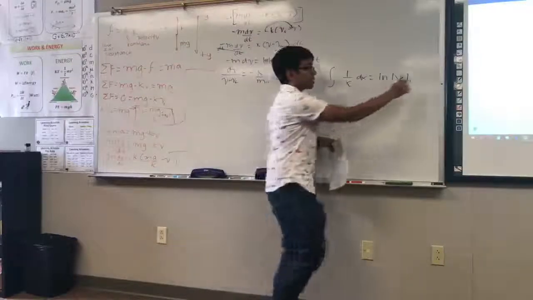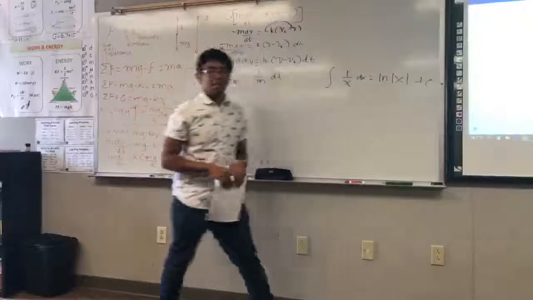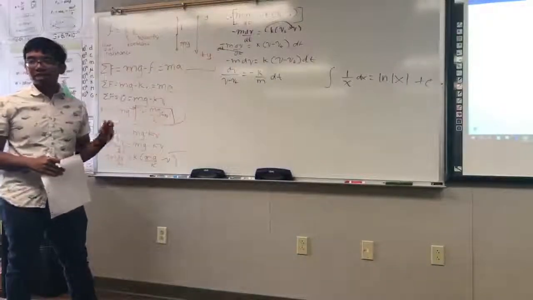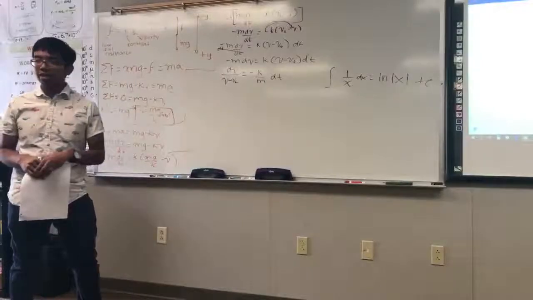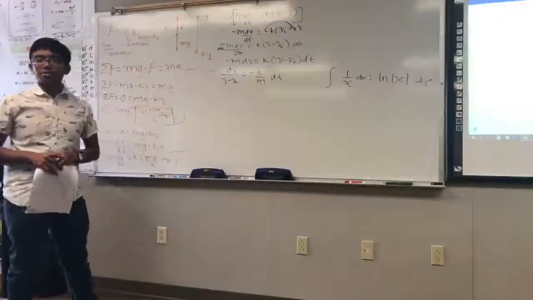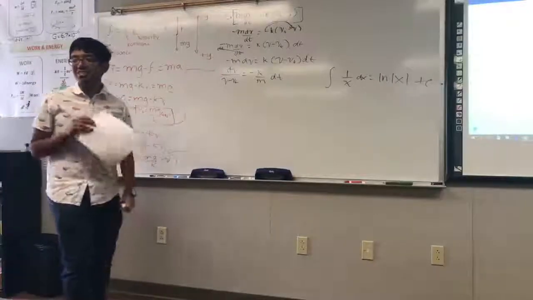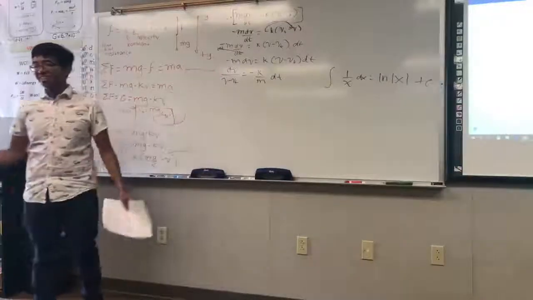I'm not going to go into that much detail on why that is, but that is actually a given equation in your AP equation sheet. So they do give this. But once you're done with calculus, you won't need that. You'll just know it.